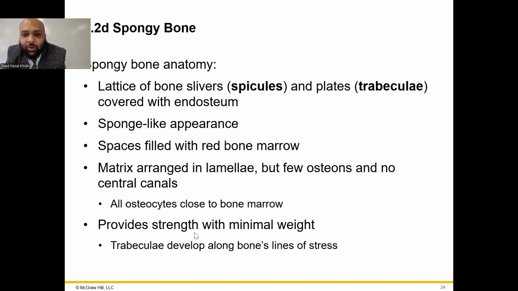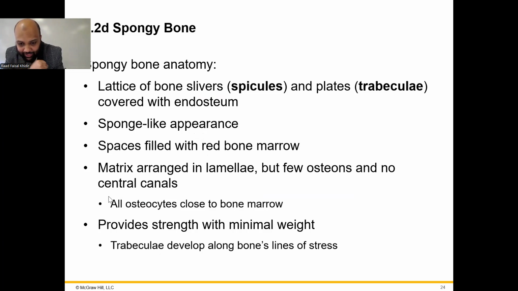So the spongy bone, that's why they call it spongy. It's spongy because it has holes in it like a sponge. So the lattice of bone slivers, these are known as the spicules and plates, trabeculae. They are covered with endosteum. There's a sponge-like appearance where spaces are filled with red bone marrow, and matrix is arranged in lamellae, but few osteons and no central canals.